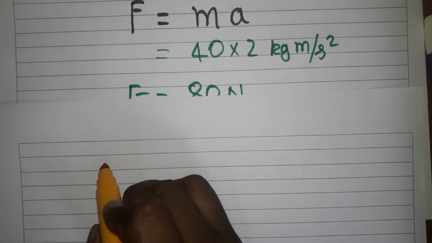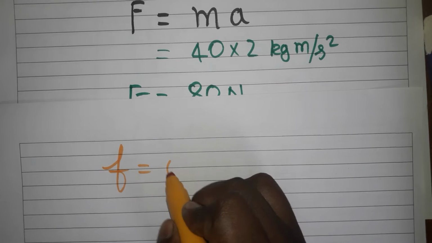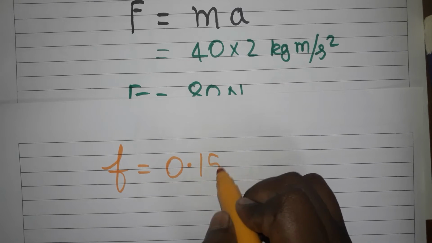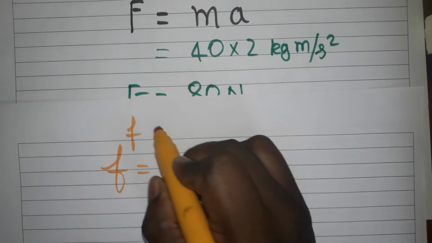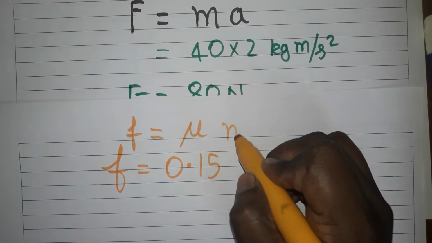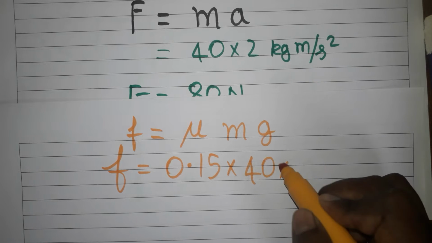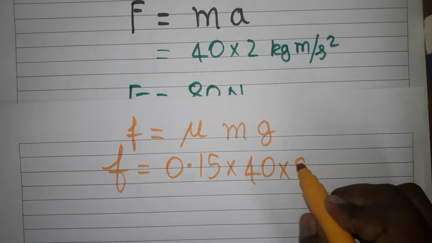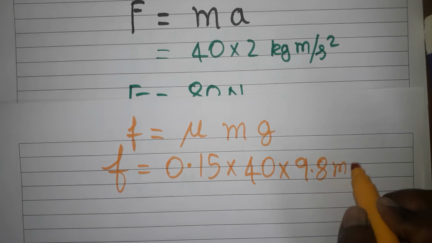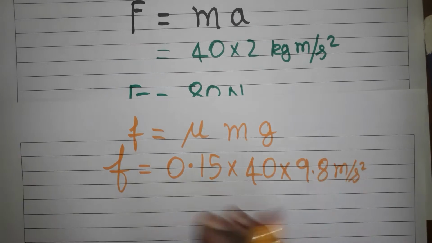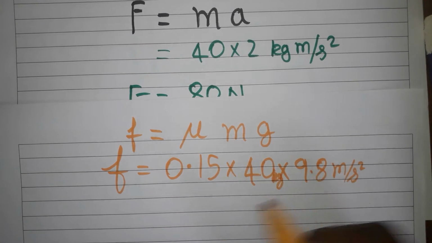Friction is equal to mu m g, with mu as 0.15, the mass of the block 40, and gravity 9.8 meter per second squared. This totally gives us the frictional force in Newton.